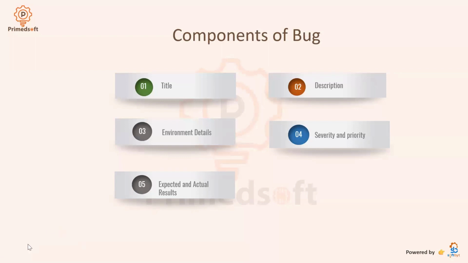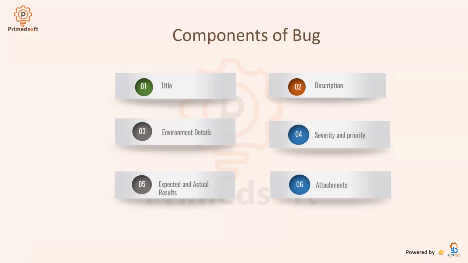Okay, so we can now go to the next one, which is attachments. Like I said before in our previous class, as a QA you have to take notes, take a record, video record, screenshot of whatever you are doing.